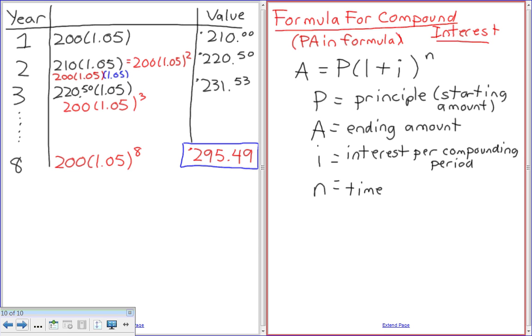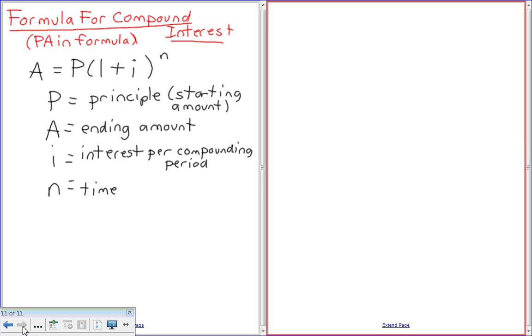All right, so here we go. Example 1, 2, we're going to do here right now. Let's start with Ben. What does N stand for? Well, it's the number of compounding periods. Fine. Okay. All right, let's start with Ben.